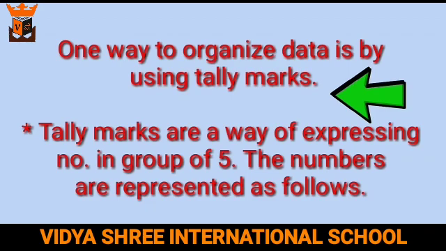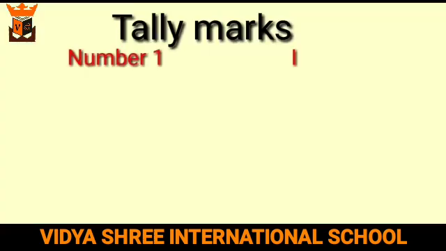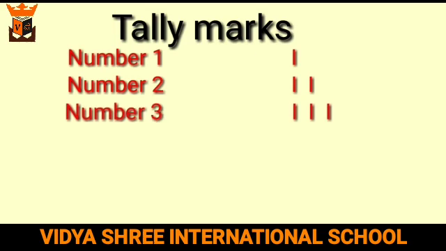Tally marks are a way of expressing numbers in groups of 5, and the numbers we can represent as follows. Here the number 1 we can represent by using one vertical line, the number 2 by using two vertical lines, and 3 by using three vertical lines.